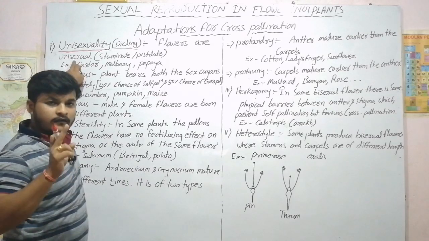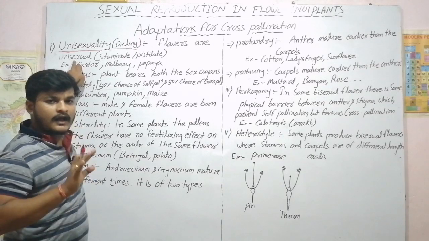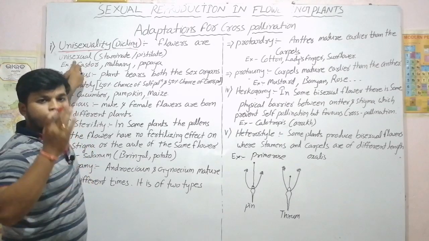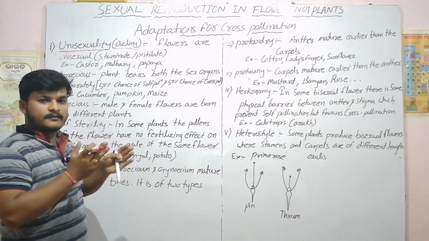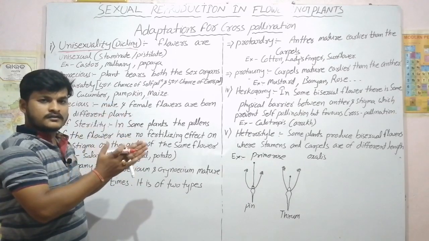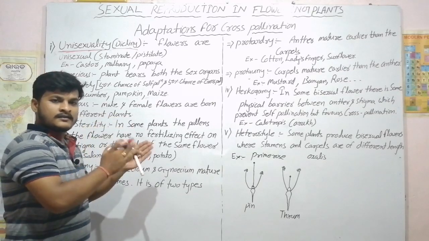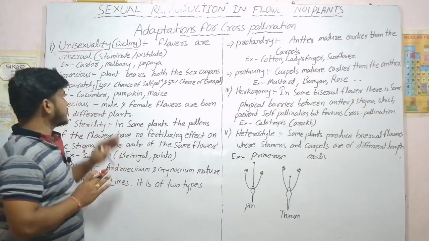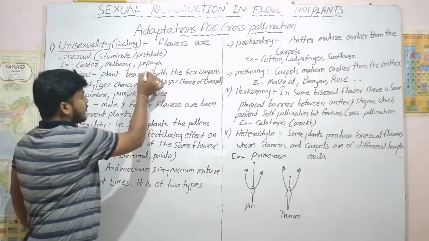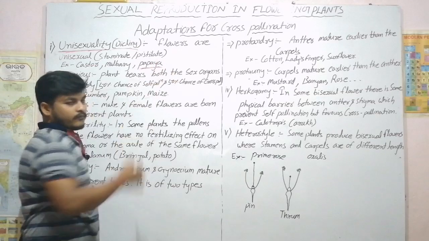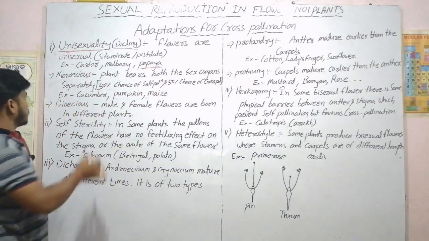If a male flower is there, the whole plant contains male flowers, and if a female flower is there, the whole plant contains female flowers. That means either staminate or pistillate. The most common examples are castor, mulberry and papaya, and I think papaya is the most common example for all the students. And the next one is the monoecious condition.